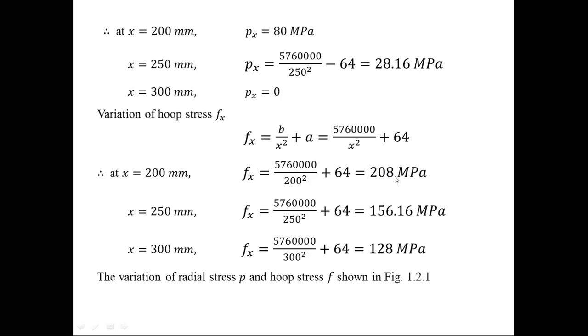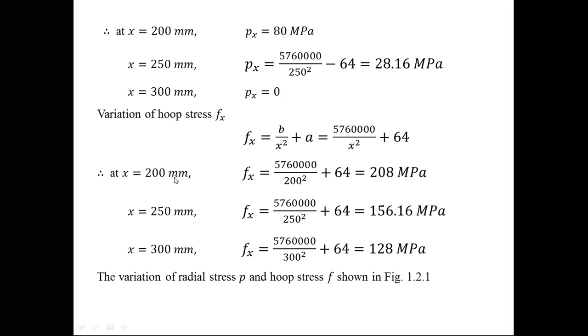I already told you that in the analysis of thin cylinders, we assume hoop stress is uniform throughout the section, but it is not like that in the actual situation. It is maximum at the inner surface and minimum at the outer surface. Let us conclude that.